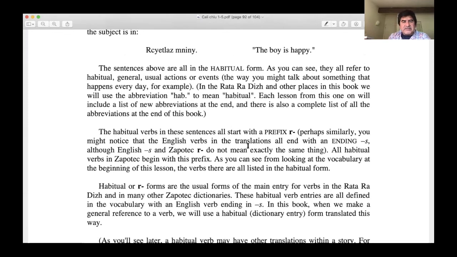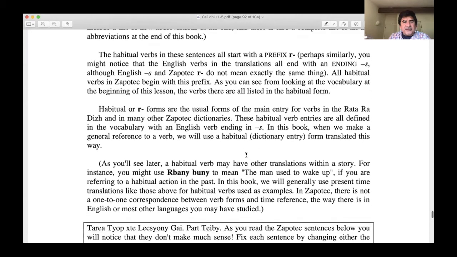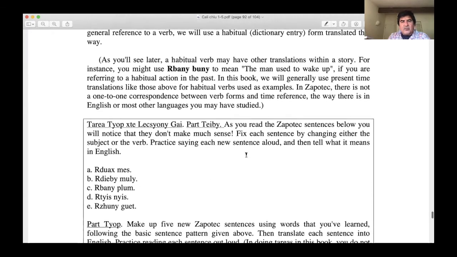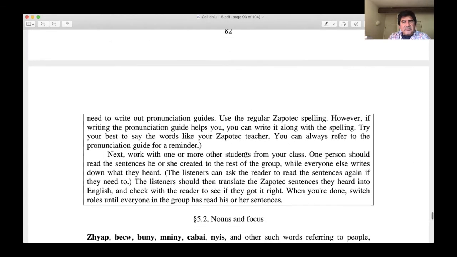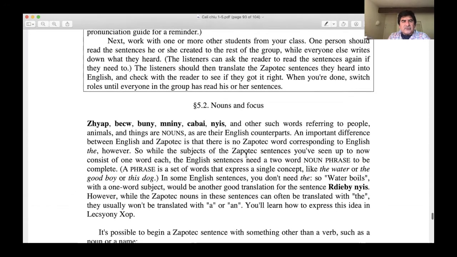Although English S and Zapotec R do not mean exactly the same, all habitual verbs in Zapotec will begin with this prefix. So just be careful when you start translating or trying to say something that happened, say yesterday, which we will learn later. Okay. All right. So again, you have more homework here. And now we are on 5.2, nouns and focus.